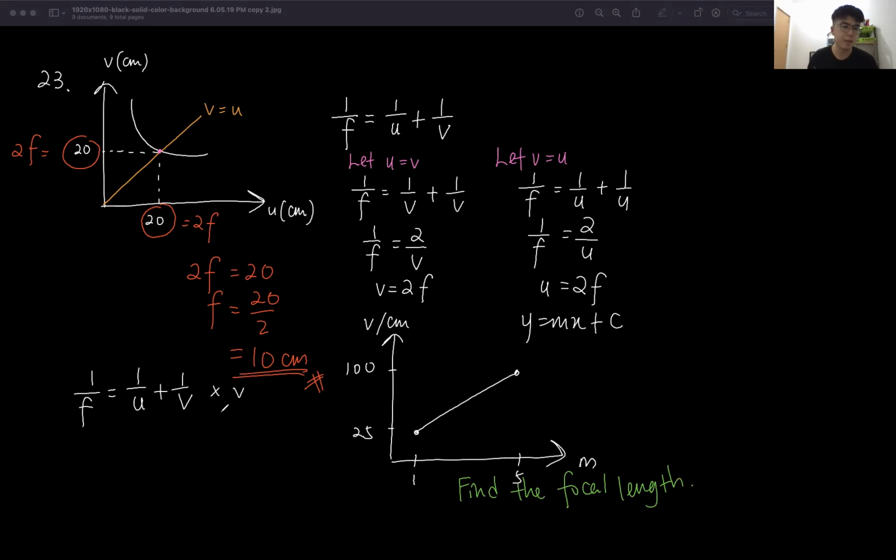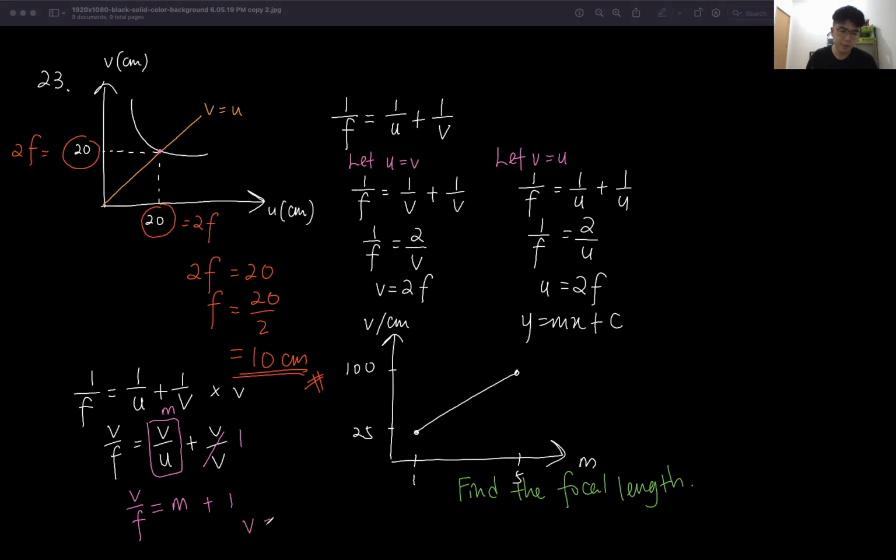So you start from here, times V, you get V over F equals V over U plus V over V. So what is V over U? This one is magnification M. This one just cancels, becomes 1. So you have V over F equals M plus 1.